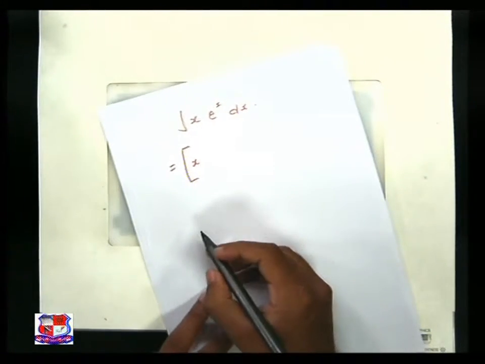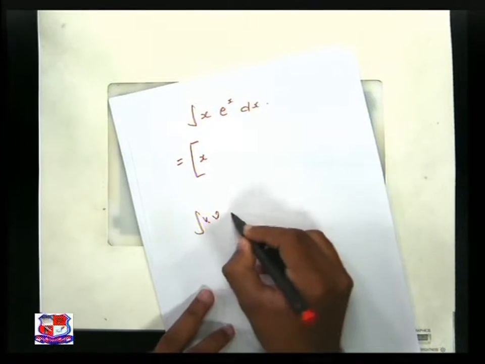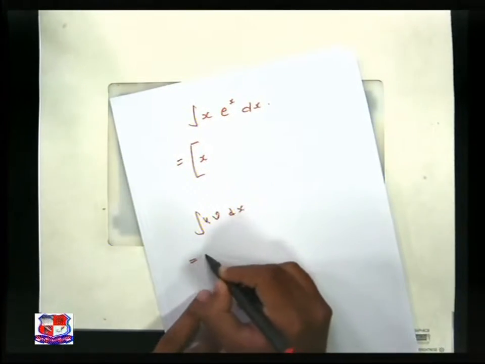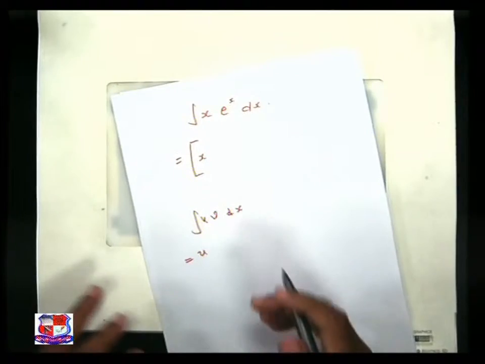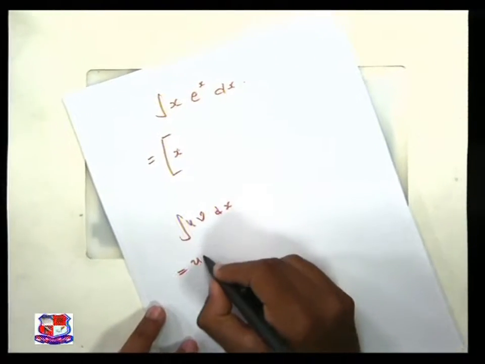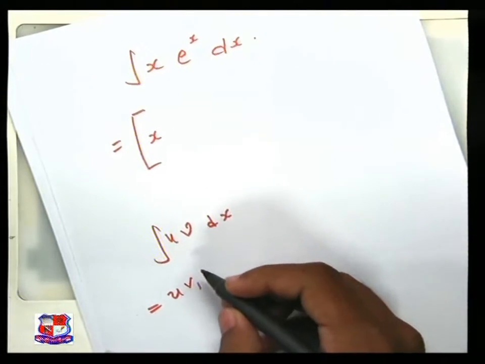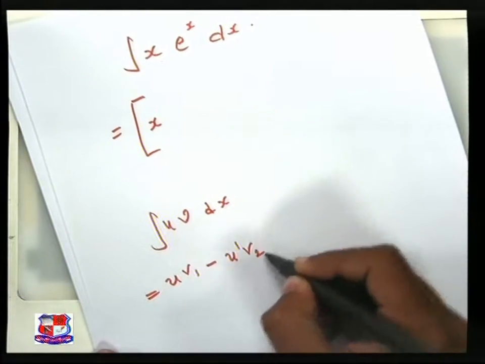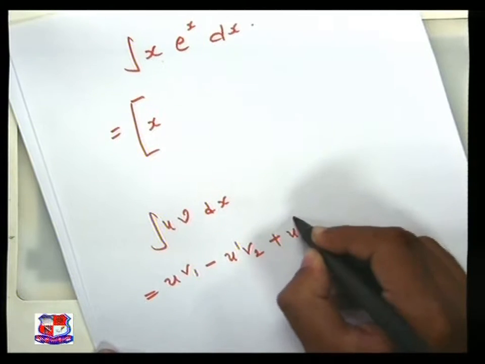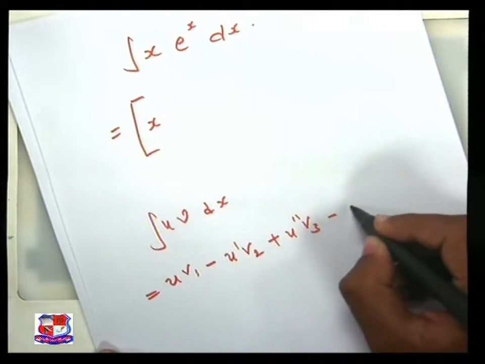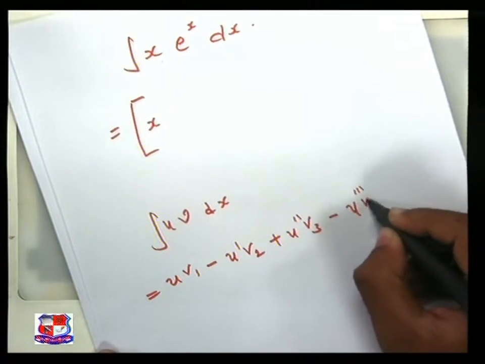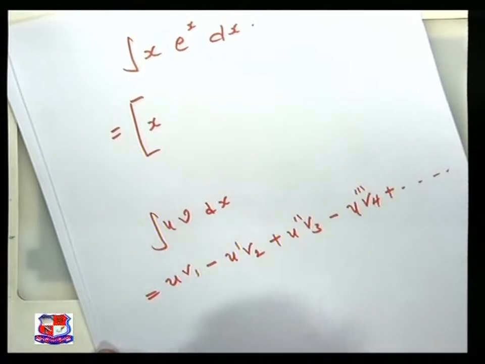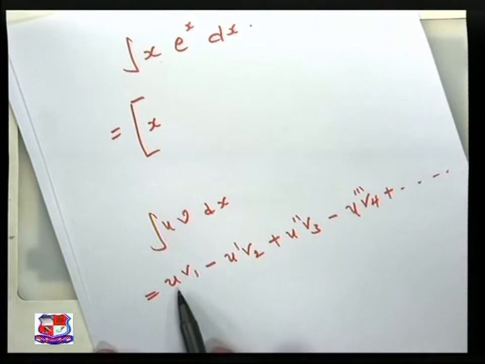Basically we use this property: the integration of uv dx is equal to u v1 minus u dash v2 plus u double dash v3 minus u triple dash v4 and so on, where u is as it is.